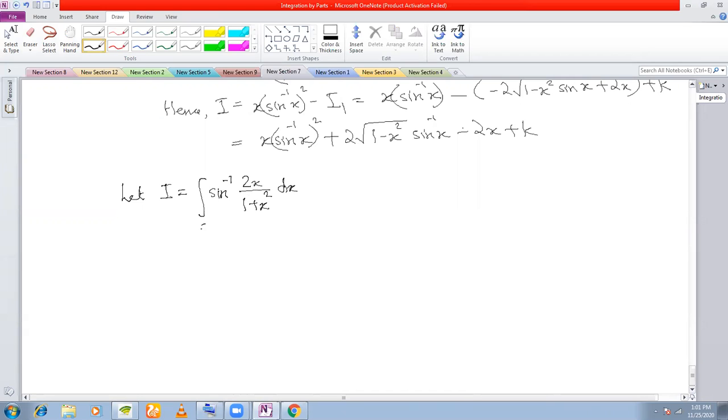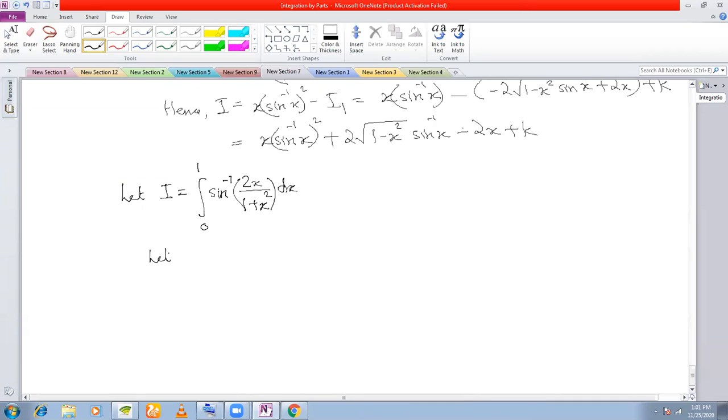And let me make it a definite integral. Let us give limits 0 to 1. It does not matter, but still we can evaluate very easily. But as it is we have to evaluate as an indefinite integral first, and then we'll evaluate it as a definite integral.